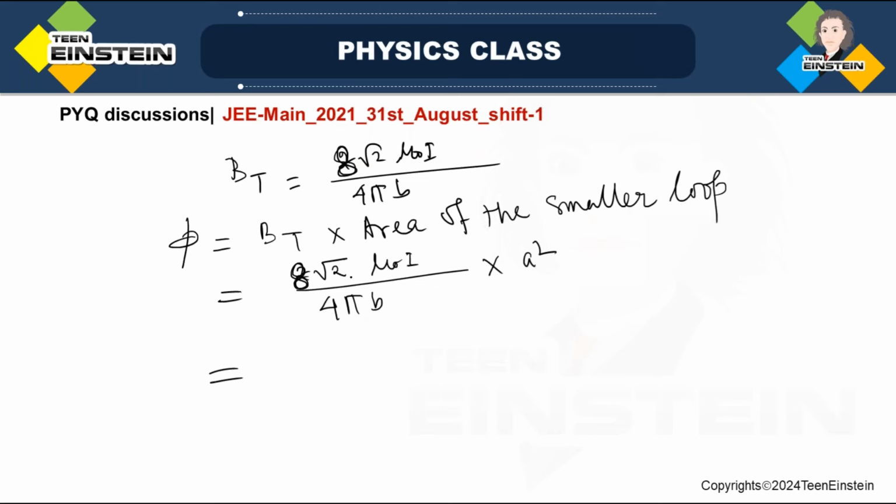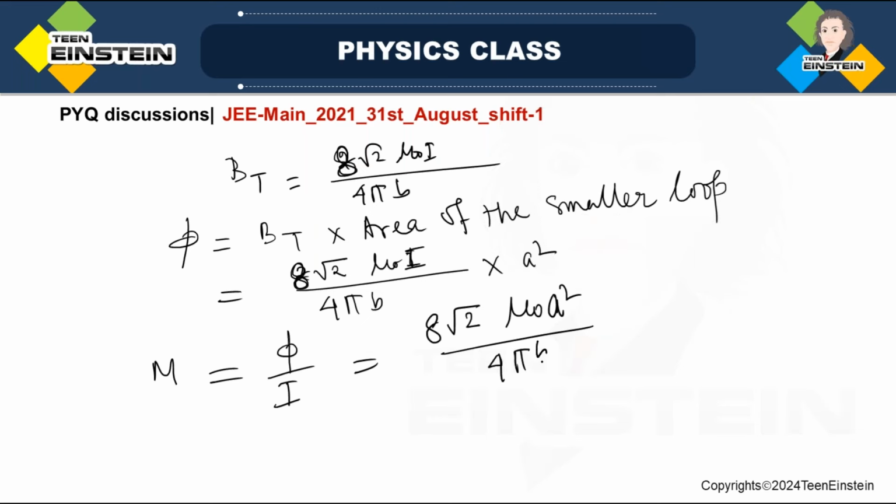So this will be 8 square root of 2 mu 0 into I divided by 4 pi B, into A square. So what we get? M will be phi by I. So divide this by I. So I have got 8 root 2 mu 0 A square divided by 4 pi B. So this has got a nice arrangement of these factors.